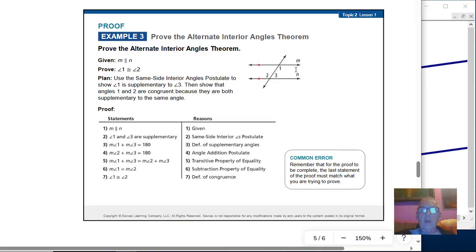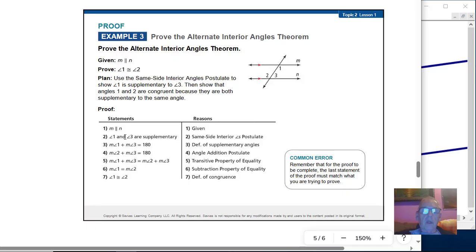If M is parallel to N, we could say that 1 and 3 are supplementary to each other. And then also we have that 2 and 3 are supplementary to each other because those are a linear pair. And if 2 is supplementary to 3 and 1 is also supplementary to 3, then by congruent supplements, we have that angle 2 must be equal to angle 1.